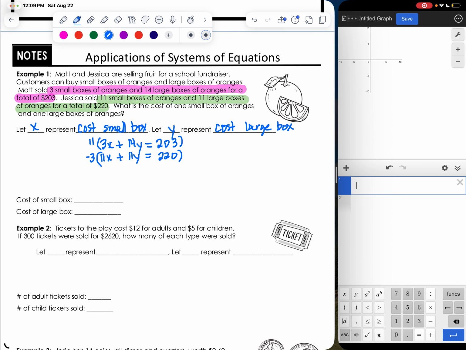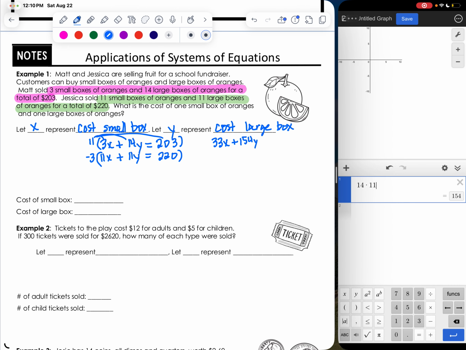So let's start with our top equation. Let's multiply everything in this top equation by 11. So 11 times 3x is 33x. 11 times 14 would be 154y.